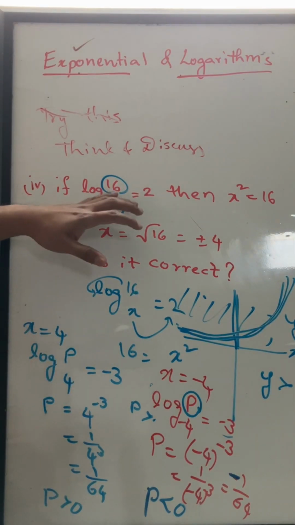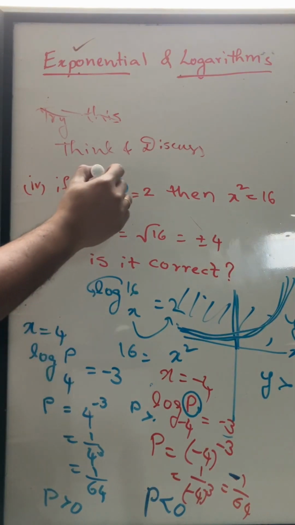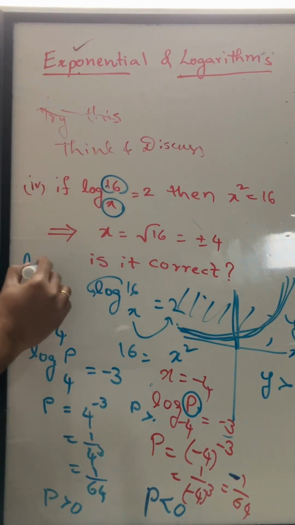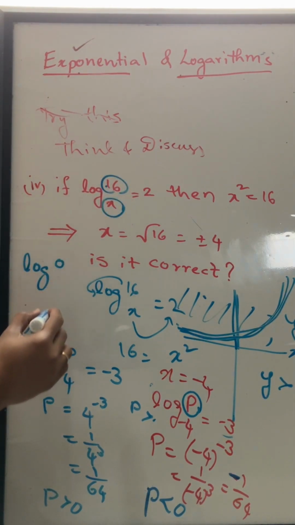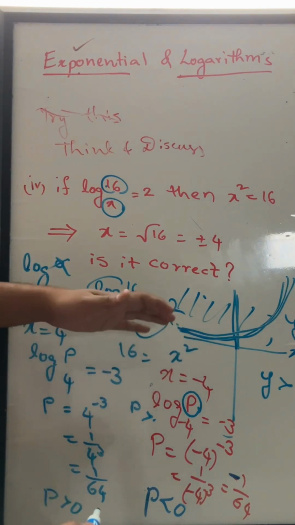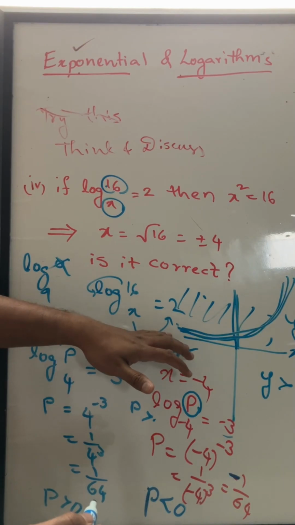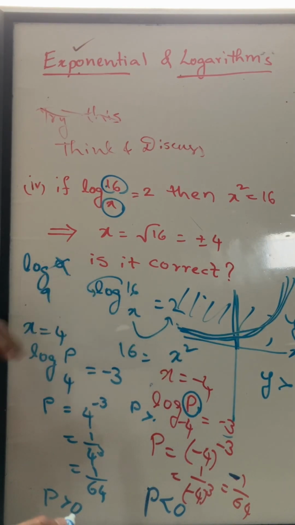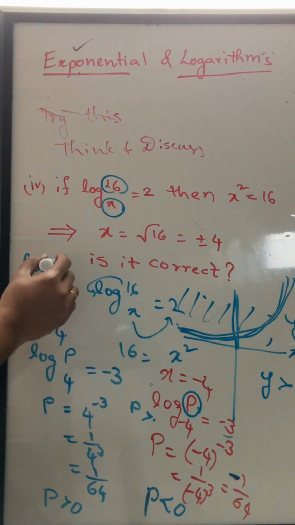Even 0 we just discussed. We can't put 0 for any base. It never touches the x-axis. So log 0 doesn't exist, and it is always positive.